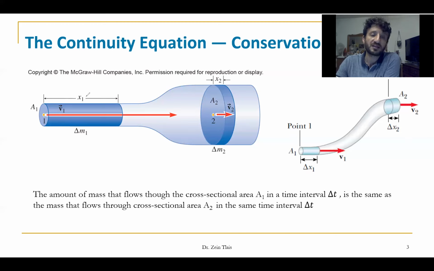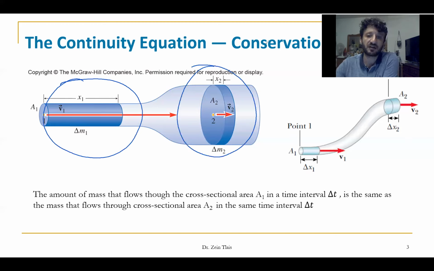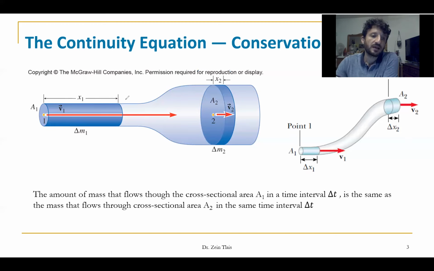Here we have a small section at the left side and a large section at the right side. In general, we have to take 2 points. The points must be at the middle distance at the x of the tube. For example, here I can take 1 point here and 1 point here.